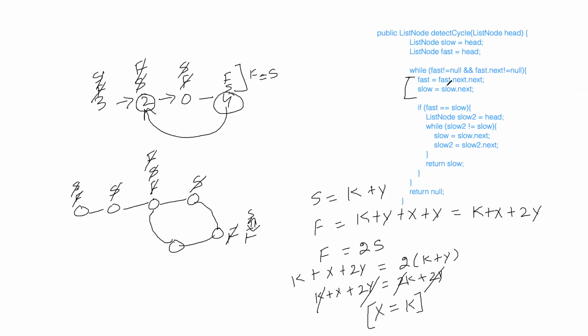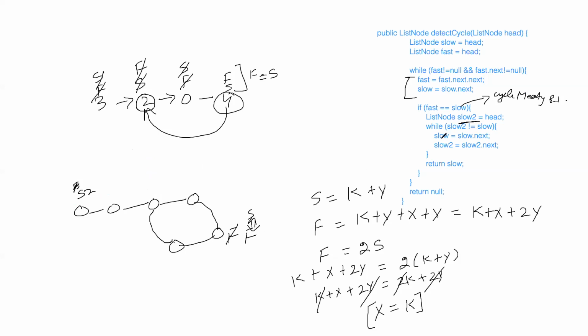Fast is moving 2 steps at a time. Slow is moving 1 step at a time. The moment fast becomes equal to slow, then at this stage we know the cycle exists. And we know the meeting point. Now we took another pointer called slow 2. And our last slow pointer is here.